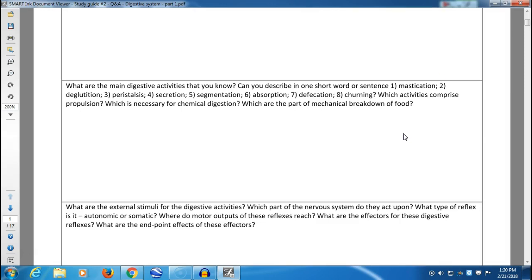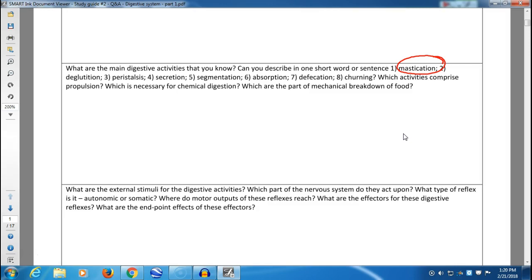So just be able to group them together. Propulsion is going to be deglutition and peristalsis. What is necessary for chemical digestion? Secretion of juices, okay? Mechanical breakdown, we're talking about churning and segmentation.